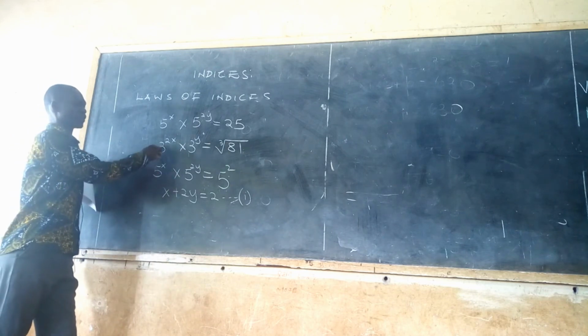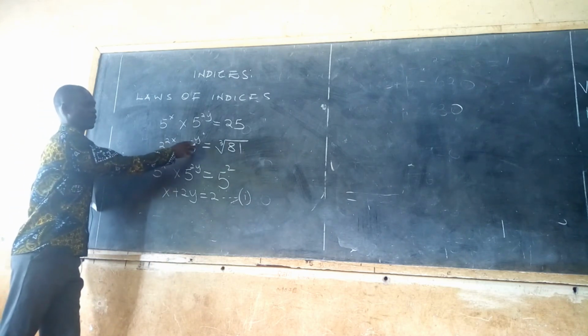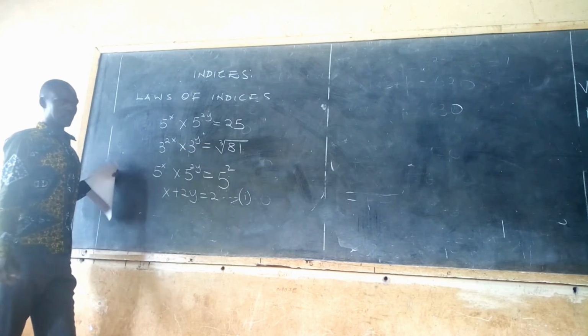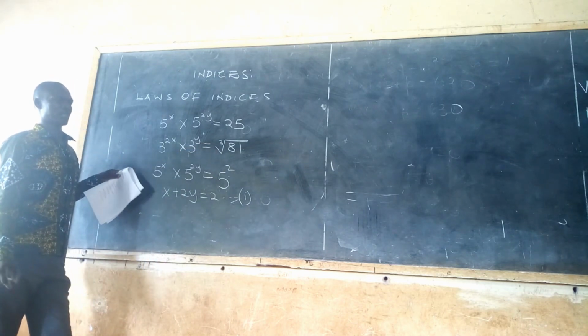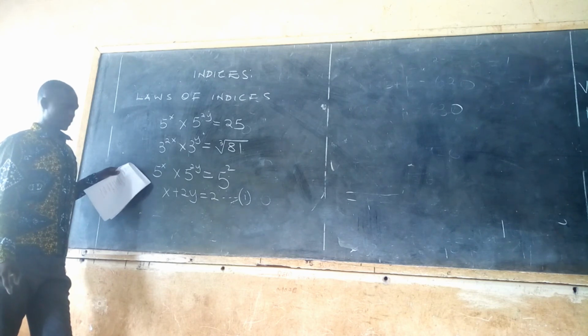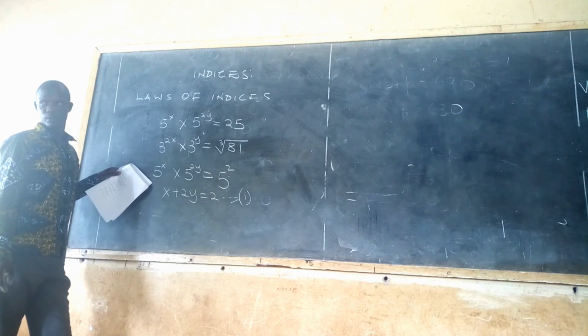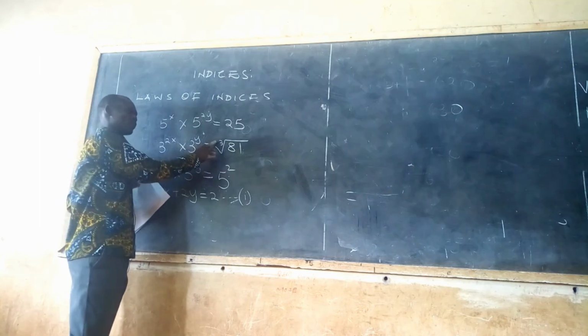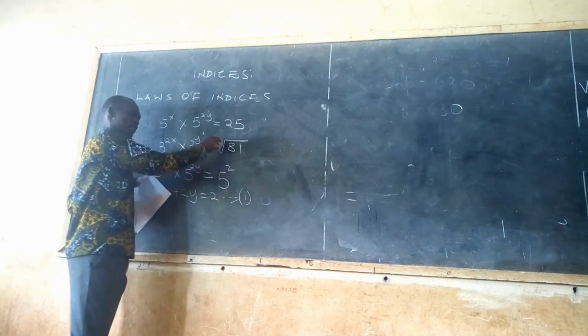We've been given 3 to the power 2x times 3 to the power y equals the cube root of 81. The first thing you must ask yourself is, what is the cube root of 81? I'm not very sure whether they gave us the right thing. I'm suspecting this was supposed to be the fourth root of 81. So allow me, using my knowledge, to change it so that we see how it goes.